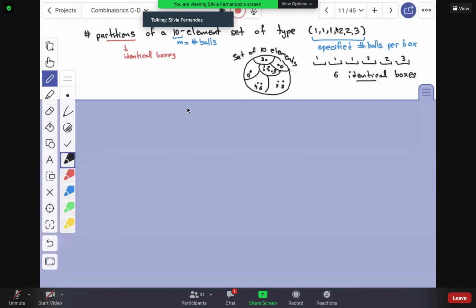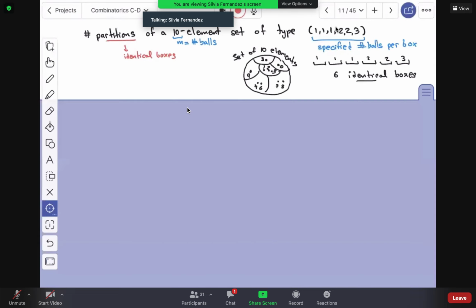That's one partition. So even though I'm thinking of 6 boxes here, they're not really boxes. They're just kind of grouping the stuff to take it someplace else, but they're not labeled or anything.